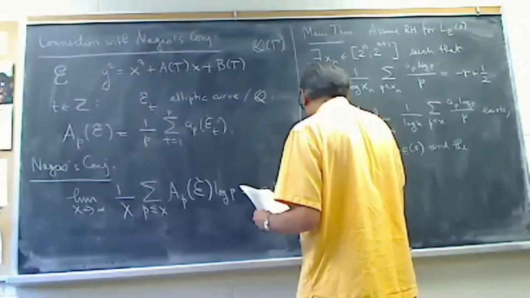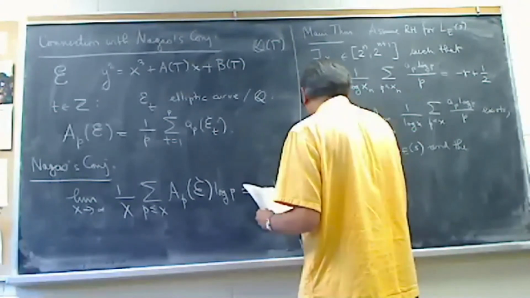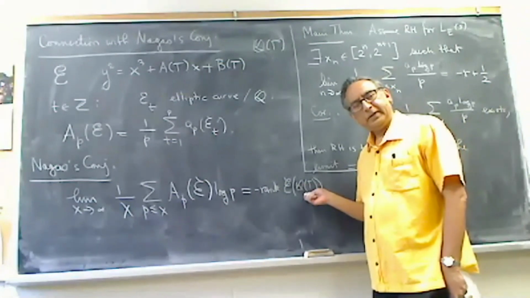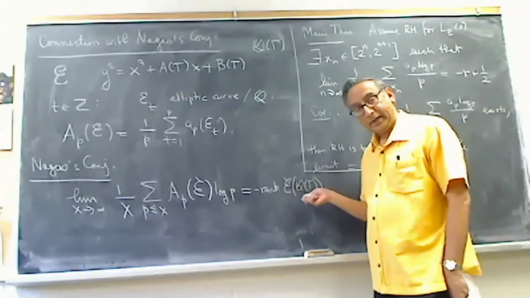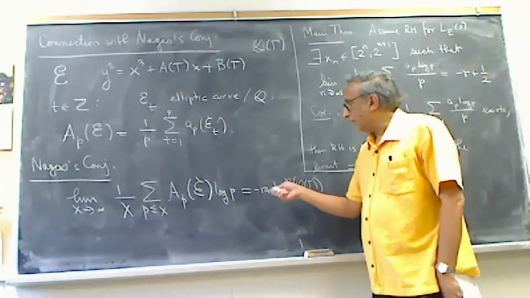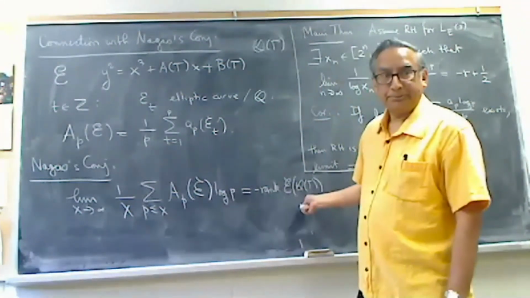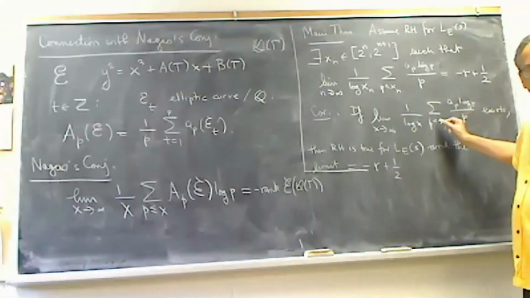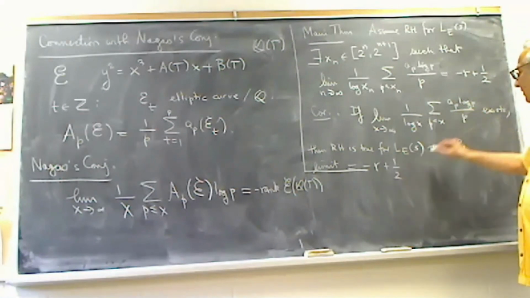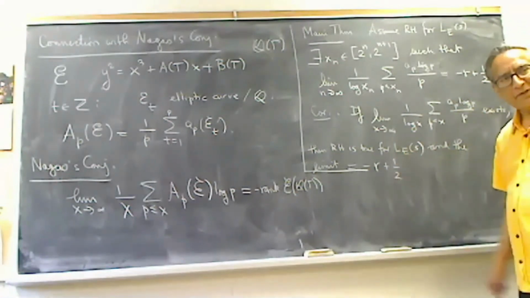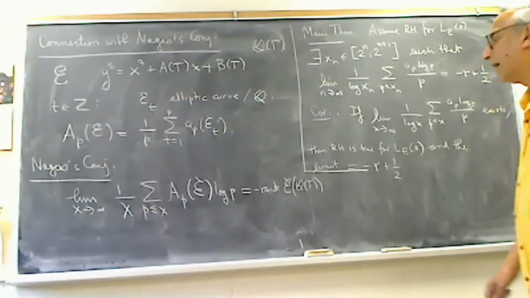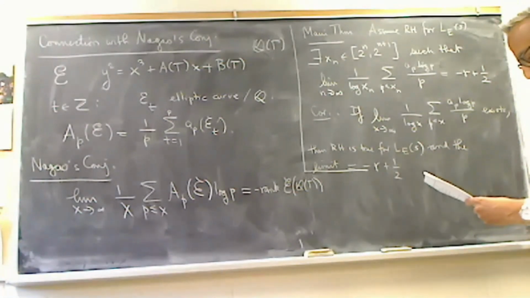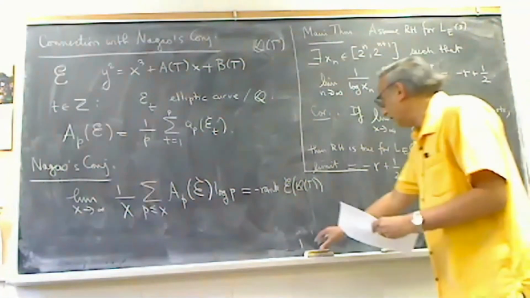So the same result is true. The elliptic curve over the function field has a finite rank, and we expect this limit to be minus the rank. Now there's some similarity, not quite, but some similarity, as you can see from this limit being minus the rank plus a half. Don't worry about the half, it's just coming from Selberg-type ideas, but essentially it's the same kind of formula. So the question is, is there any connection between these two conjectures?